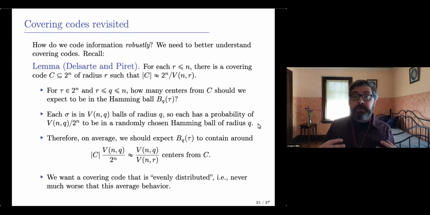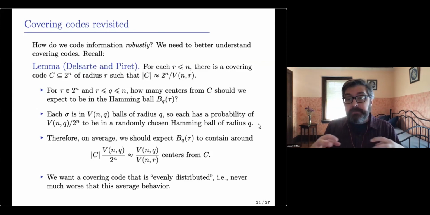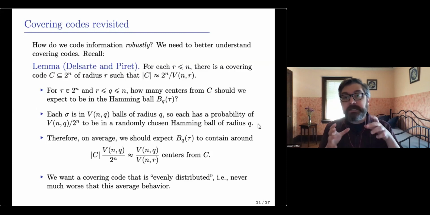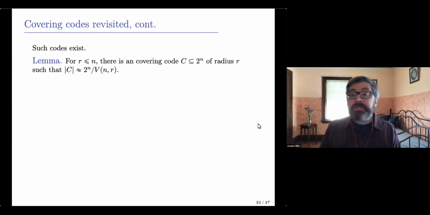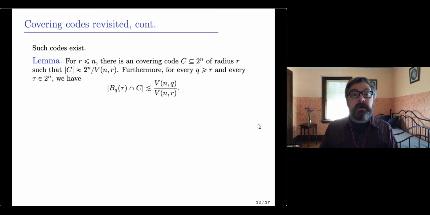And that's what we want. We want our covering code not to be clumped. We don't want the elements of our covering code to be clumped, so that we don't want any ball anywhere to contain too many of the elements. We want it to be evenly distributed. So such codes exist. There is a covering code of radius r of approximately the right size, such that for every q and every tau, the size of B_q(tau) intersect C is no larger than what we would expect it to be, V(n,q) over V(n,r).